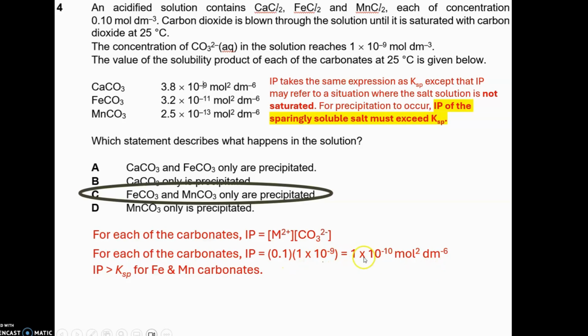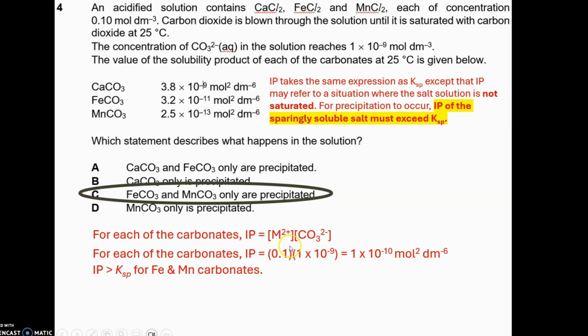So the IP for all 3 carbonates is 1 times 10 to the power negative 10 mole squared dm power negative 6. And this value exceeds the KSP value for iron 2 carbonate and manganese carbonate, which implies that you will only precipitate out iron 2 carbonate and manganese carbonate. Since the IP value is smaller than the KSP value for calcium carbonate, it will not precipitate out.